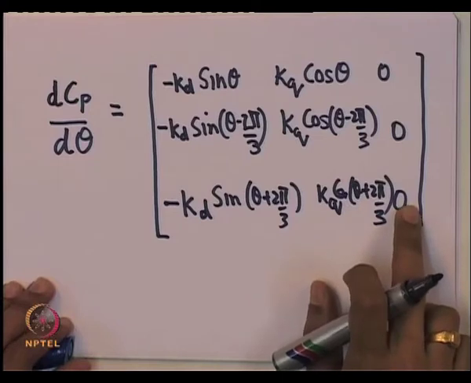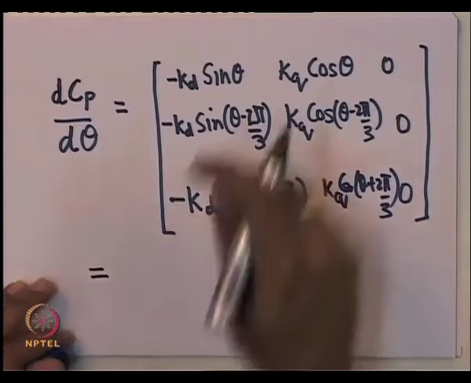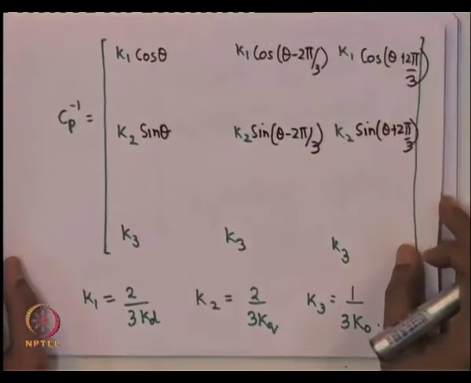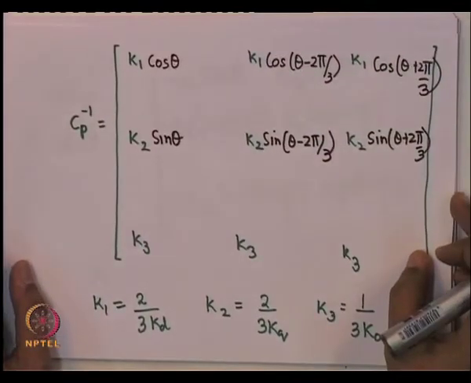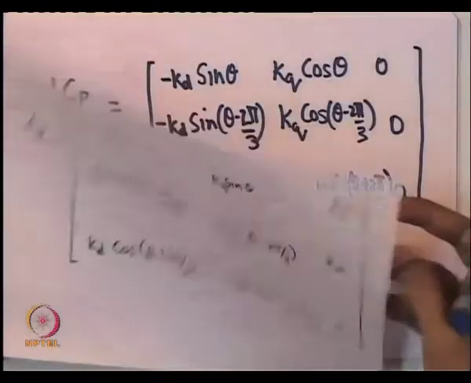Now, it is very easy to see, it is not too difficult. You know what Cp inverse looks like? Sorry, this is Cp inverse, I am sorry. Cp looks like this.